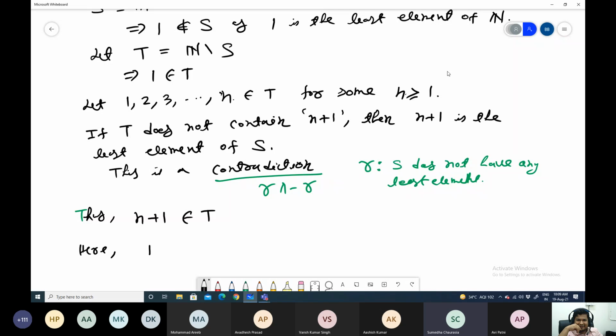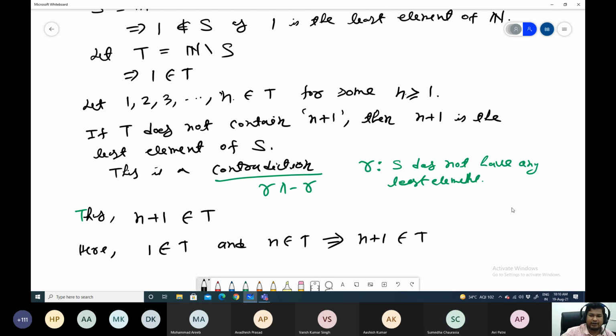Strong induction actually, but it's more or less just the same, because we assume n to be greater than or equal to 1. So we can just say that for k only. So here 1 belongs to T, and n belongs to T implies n plus 1 belongs to T, right?